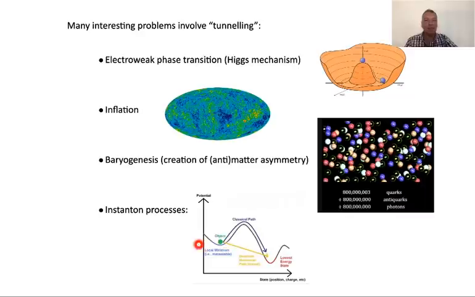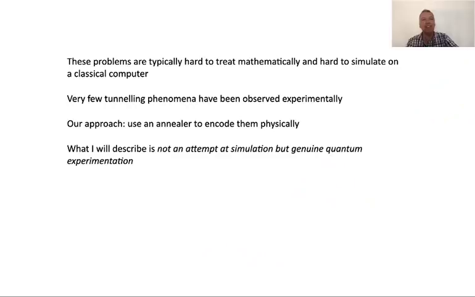That occurs whenever I have a potential like this, and I get stuck in a local minimum here, and I'll sit there for a long time in a quantum mechanical system, and eventually I'll quantum tunnel through to the true global minimum, and that is what's called an instanton process. It's described by what's called an instanton. So those are all of these tunneling processes, the sorts of things that we want to look at eventually.